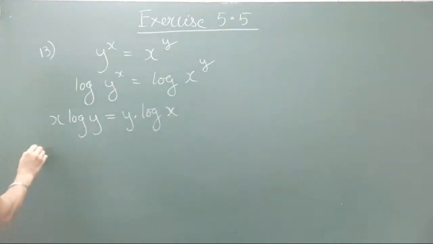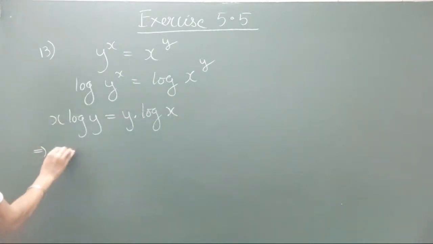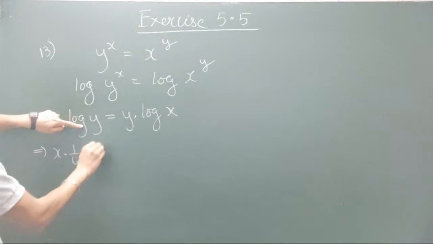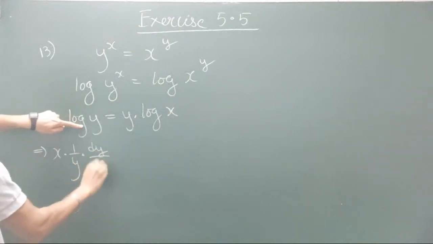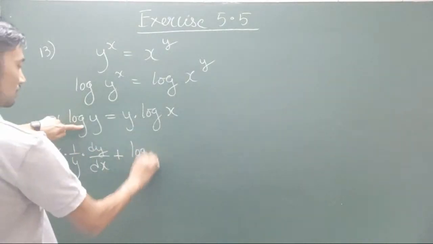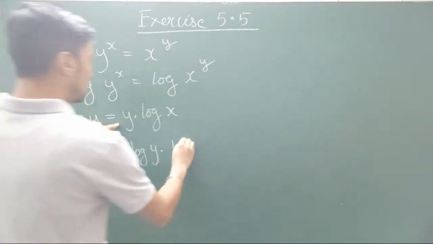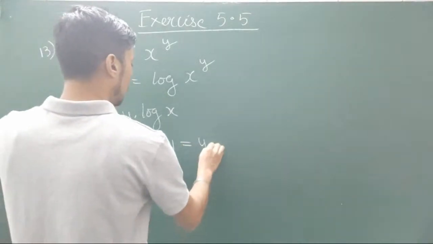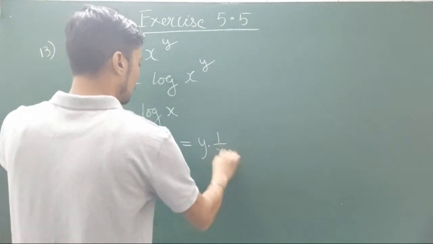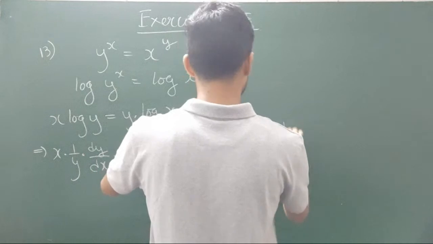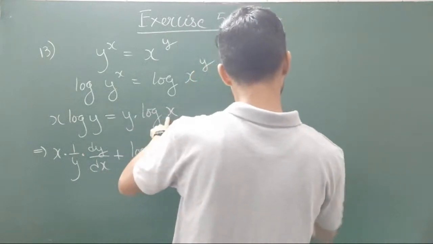So now just differentiating, product rule. x into derivative of log y is 1 by y, chain rule dy upon dx, plus log of y, derivative of x is just 1, equal to y, log of x is 1 by x, plus log x, derivative of y would be dy upon dx.